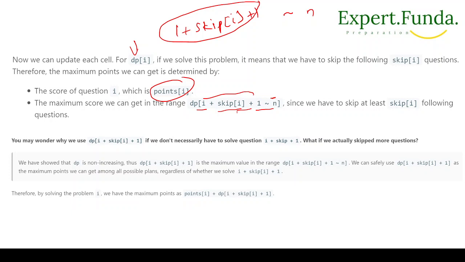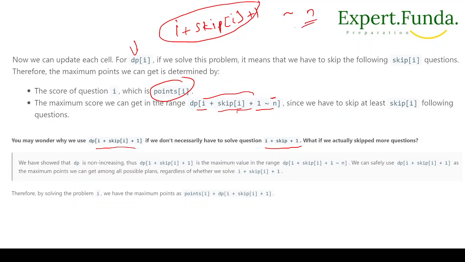Since we have to skip at least skip at I, you may wonder why we use I plus skip of I plus 1. If we don't necessarily have to solve this question, we will take I plus skip plus 1, like this we will do. So always focus on I plus skip of I plus 1, this is the range to n.